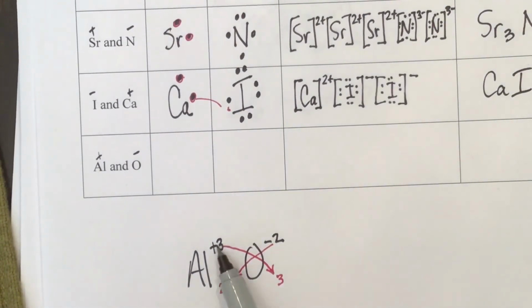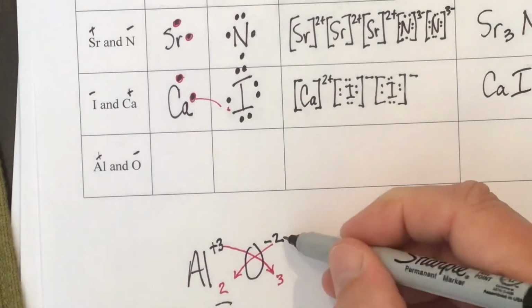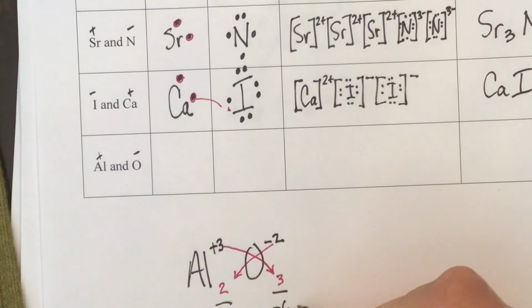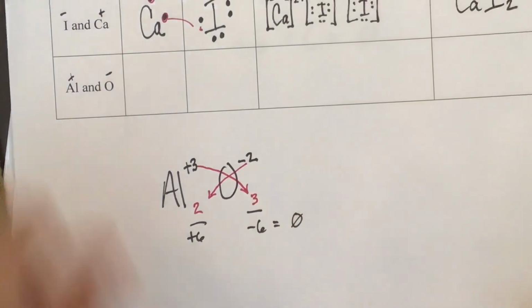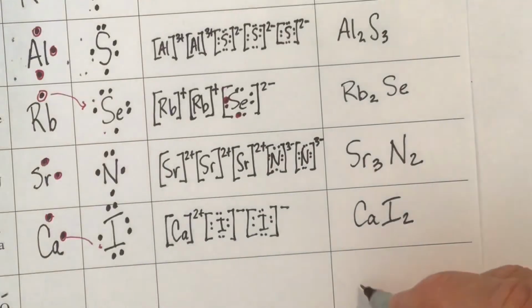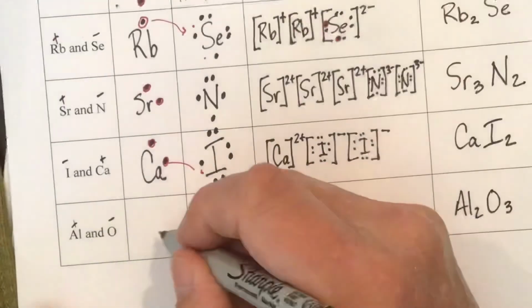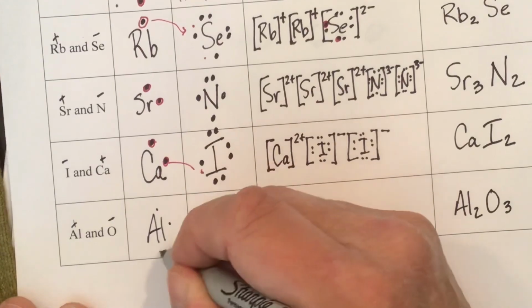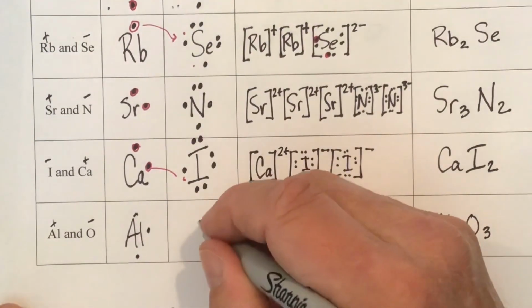In other words, I need 2 plus 3s and 3 minus 2s to equal 0. So now we know that the formula is going to be Al2O3.